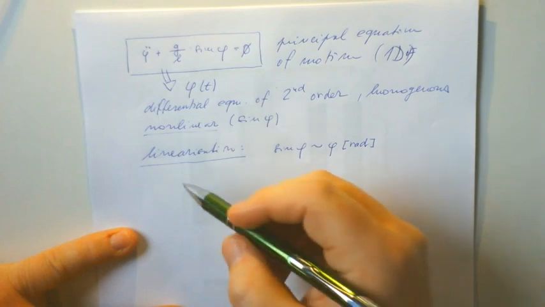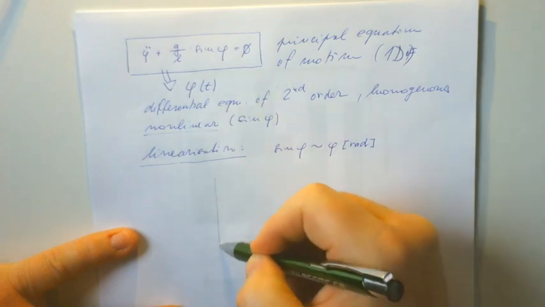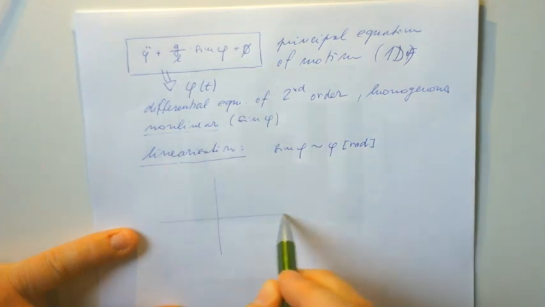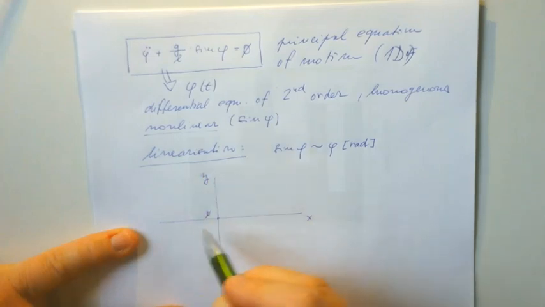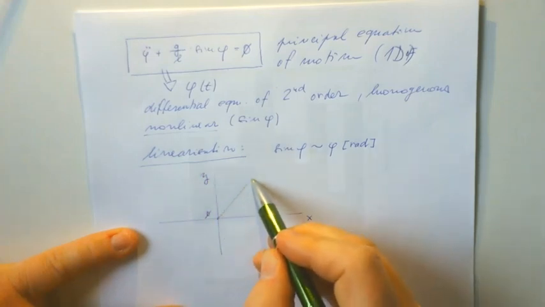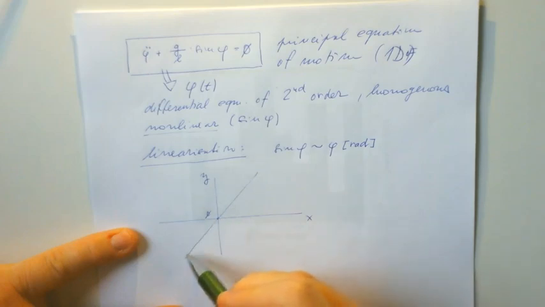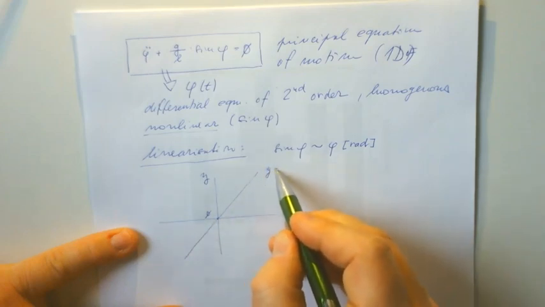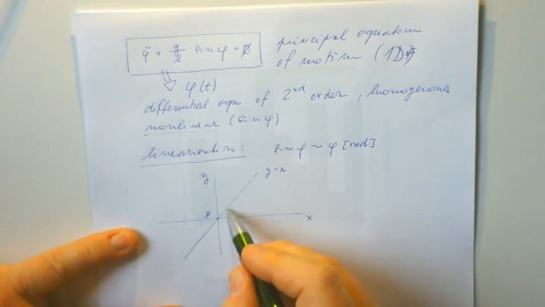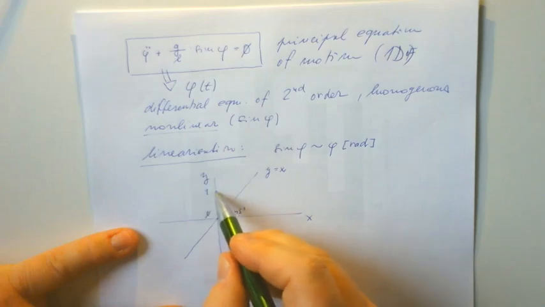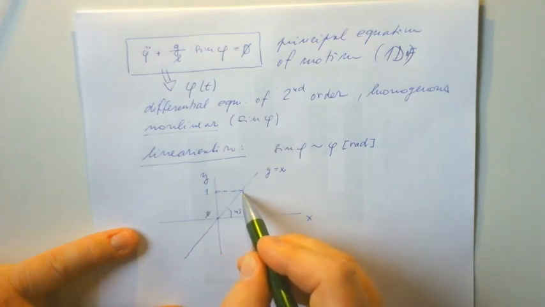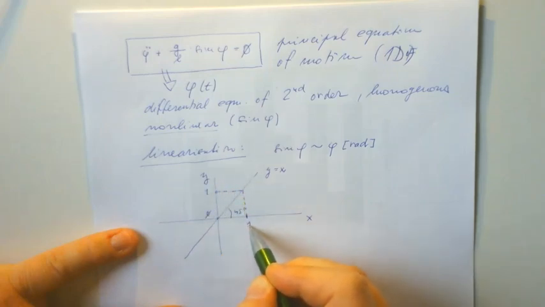Why is it possible? When we draw a graph, there is x and y, there is 0. And we draw this line, y is equal to x, so there is 45 degrees. If there is 1, there is 1 too.